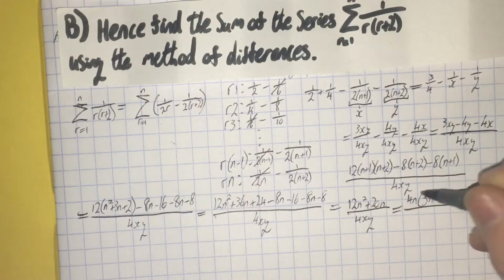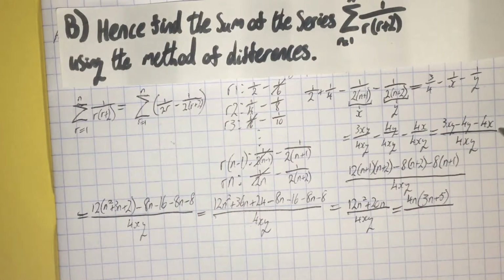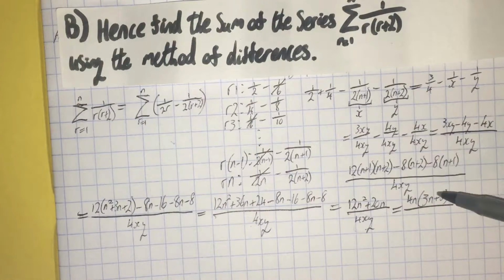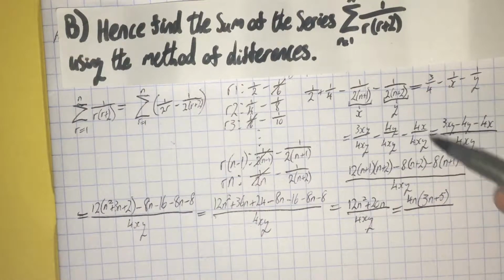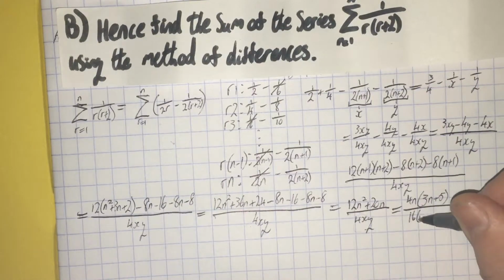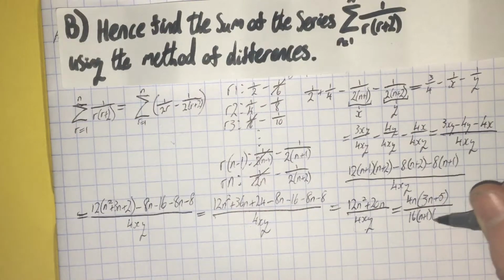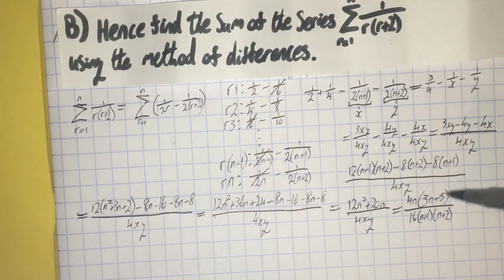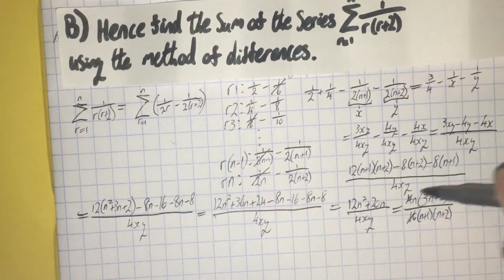All over, and we shall finally expand this bottom bit here, so we shall get 4 times 2 times 2, which is 8 times 2, so 16, times n plus 1, times n plus 2. Now there's not much simplifying we can do here, but that 16 and that 4 can go.